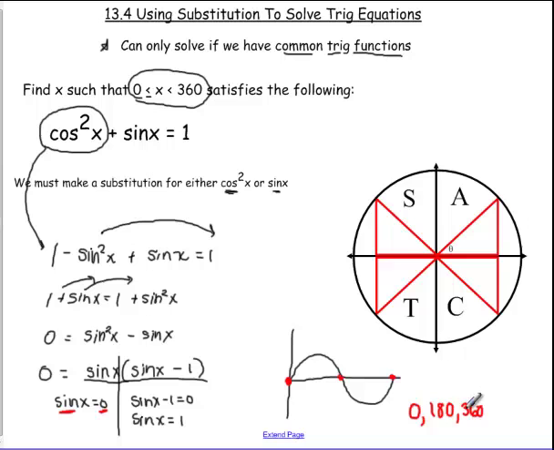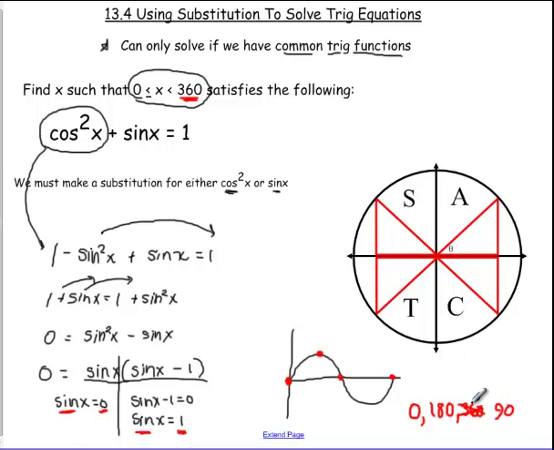But I'm going to end up rejecting 360 because my problem up here said I go up to but not including 360. All right, and then the other half says, well, wherever my sine wave hits 1 is also an answer. And my sine wave hits 1 at 90. So I have 3 answers to this problem: 0, 180, and 90.